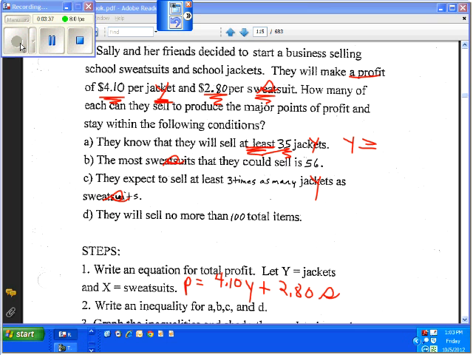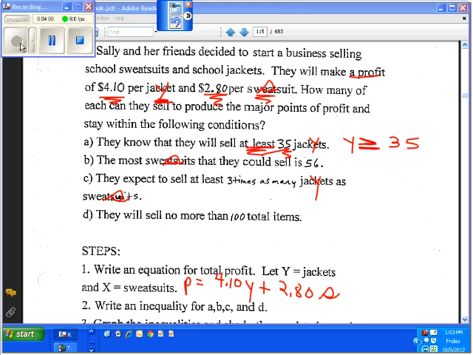The equal to is the that much, right? That much or more. See how that works? Then 35. At least 35 means 35 or more. Equal to 35 or more than 35. Greater than or equal to. So we got the inequality for A.